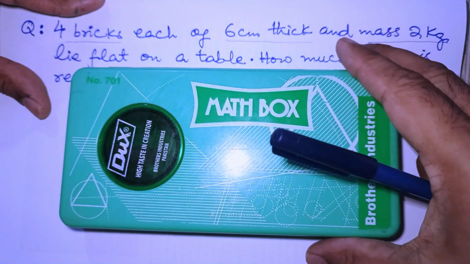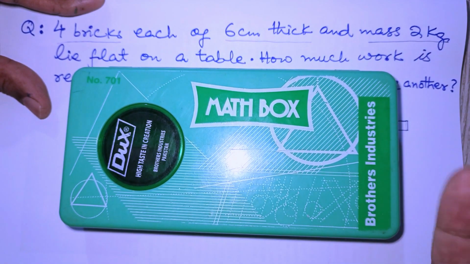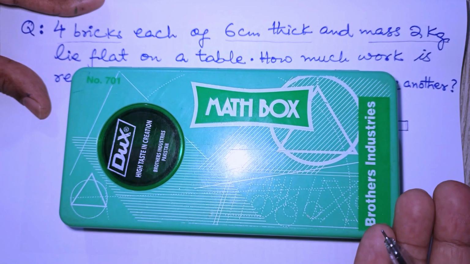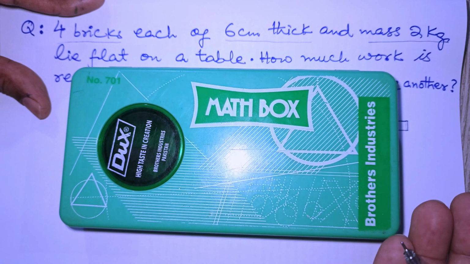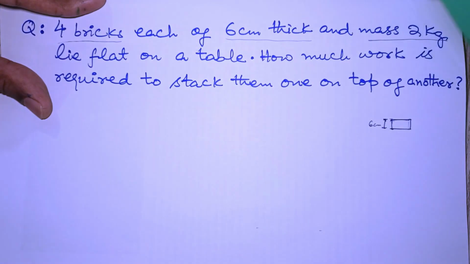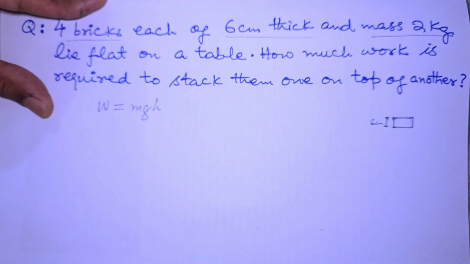We know that when we lift an object from the ground, we have to do work on it, which will be stored in the body as its potential energy. So the formula of work is W equals mgh.